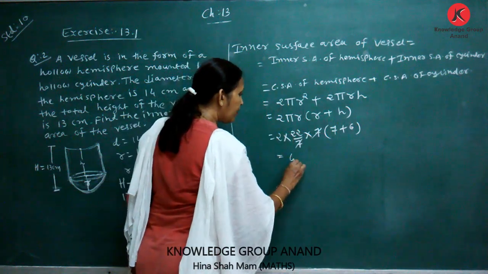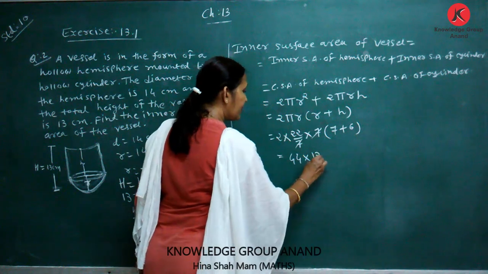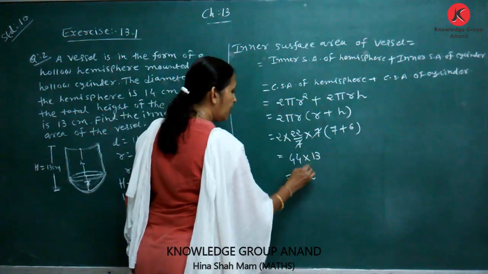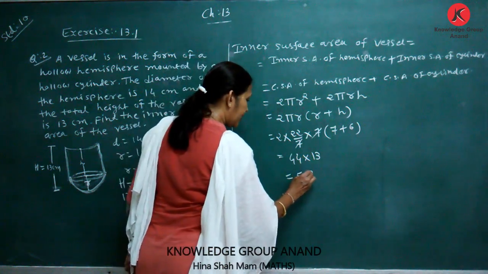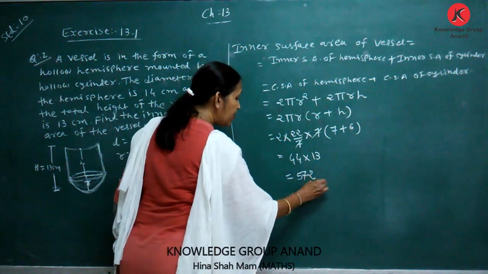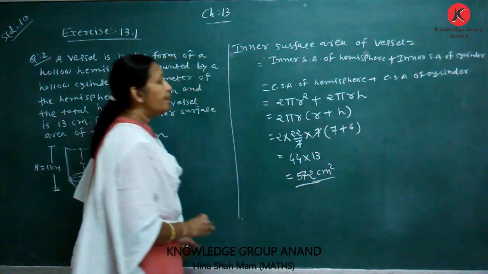22 2s are 44. Multiply 7 plus 6, 13. 13 4s are 52. 52 and 5, 57. Oh, sorry, 32 and 5, 57. 572 centimeter square.